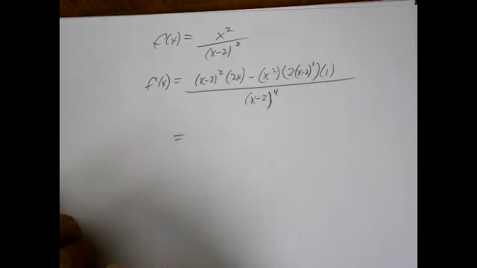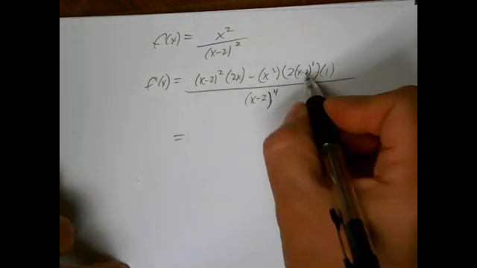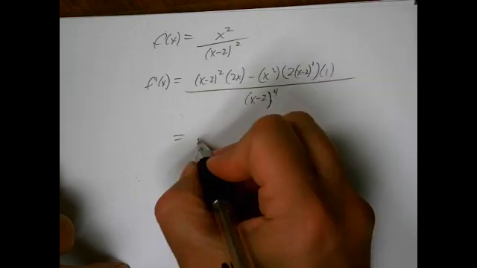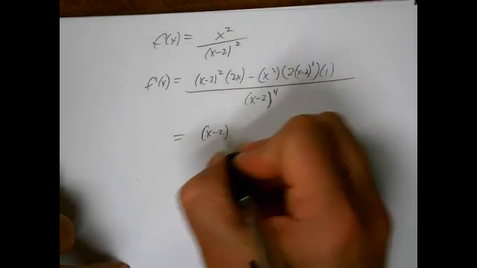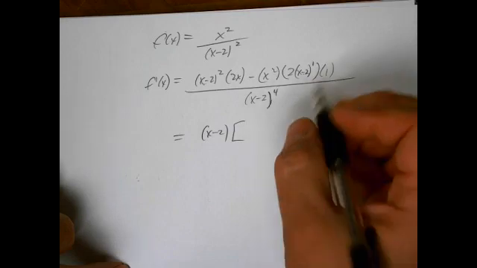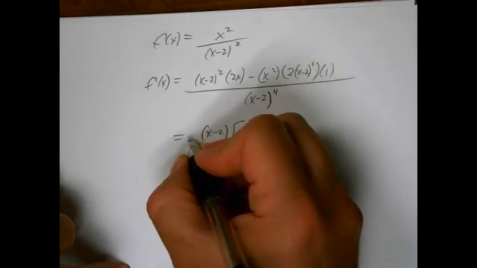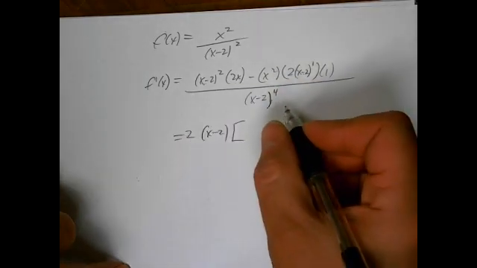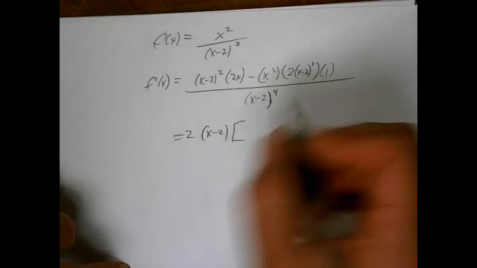And with these derivatives, let me advise you, clean them up as much as is humanly possible. So I notice I have an x minus 2 that is a GCF. I'm going to pull it out. And I also have a 2 that's a GCF. I'm going to pull it out. And I'm going to have an x that's a GCF, so I'm going to pull it out.